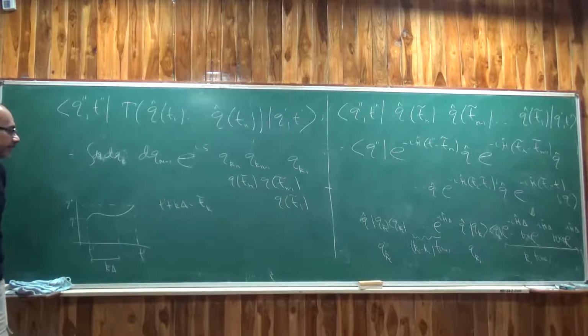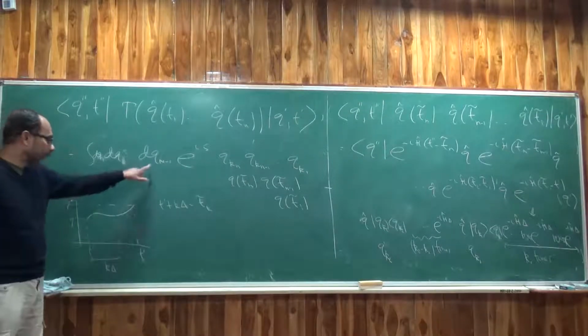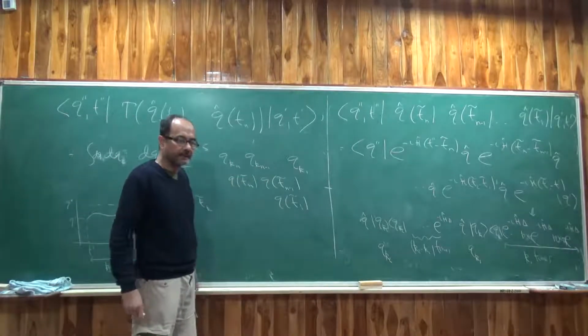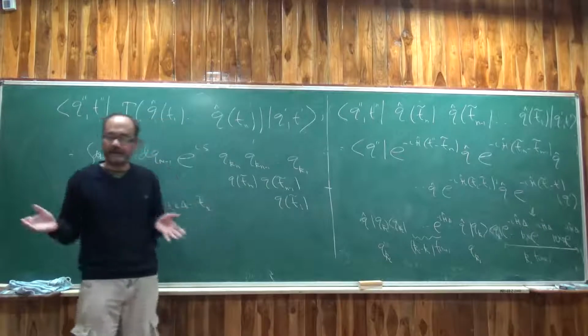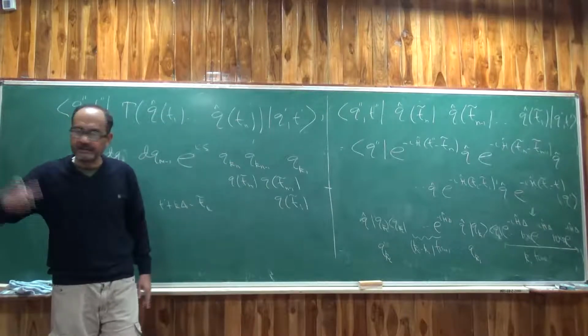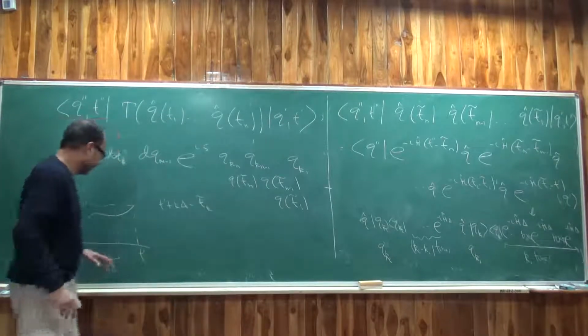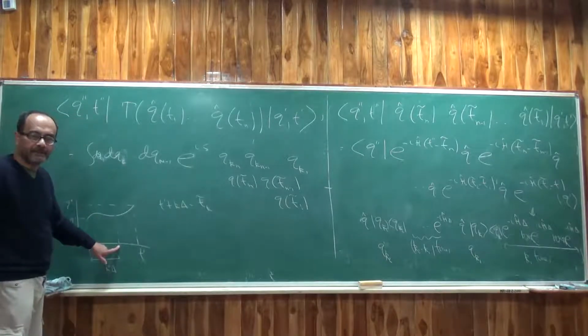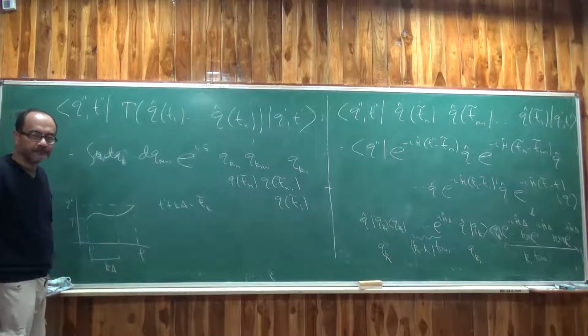As variables of integration, q1, q2 up to q n minus 1, you had the qk1, qk2 up to qkn. But when you think of what it means in terms of paths, for a given path, qk is just the value of q at t prime plus k delta.